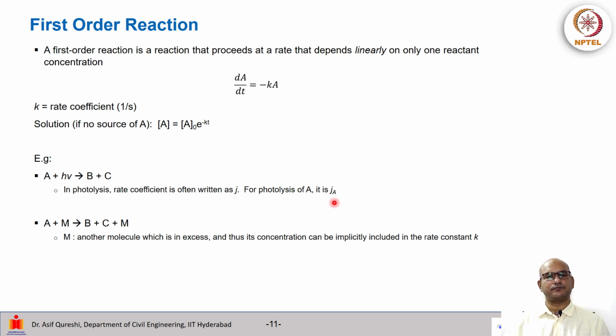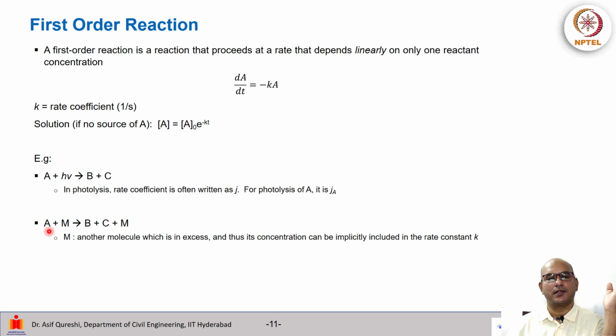Another example of first order reaction is A plus M, where M is another molecule which is in such excess that its concentration can implicitly be included in the rate constant. For example, the concentration of M is much higher than the concentration of A, so that the reaction actually only depends on the concentration of A, because M is in abundance.